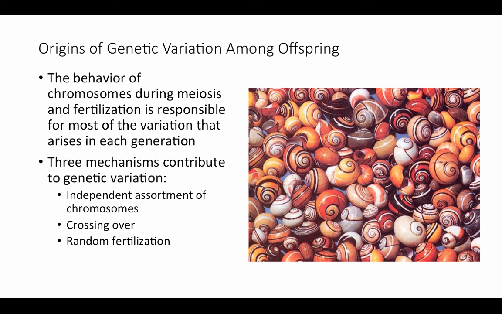Crossing over, recombining the chromosomes coming from the father and the mother to combine the traits from the mother and the father into a single chromosome that gets passed down. And then finally, random fertilization, the fact that you have a large number of different gametes with different genetic information in them that are going to come together at random to form a zygote.